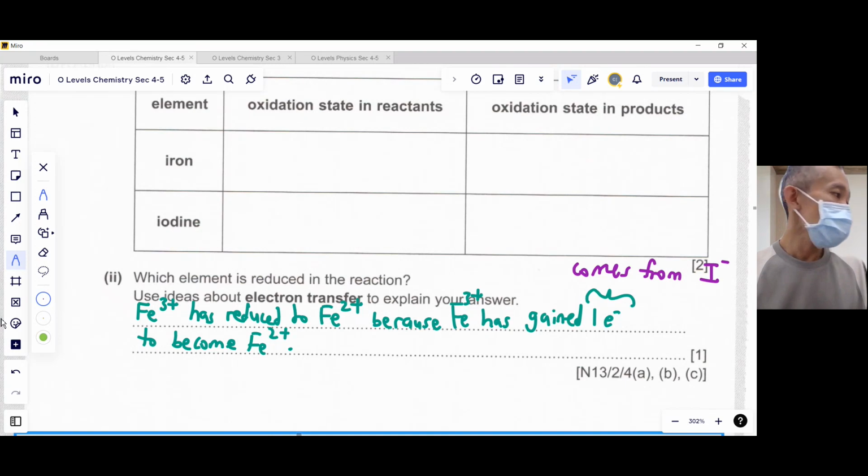Or more exactly, from iodide. Okay, that one electron comes from iodide. And of course, in the process, iodide becomes I2.